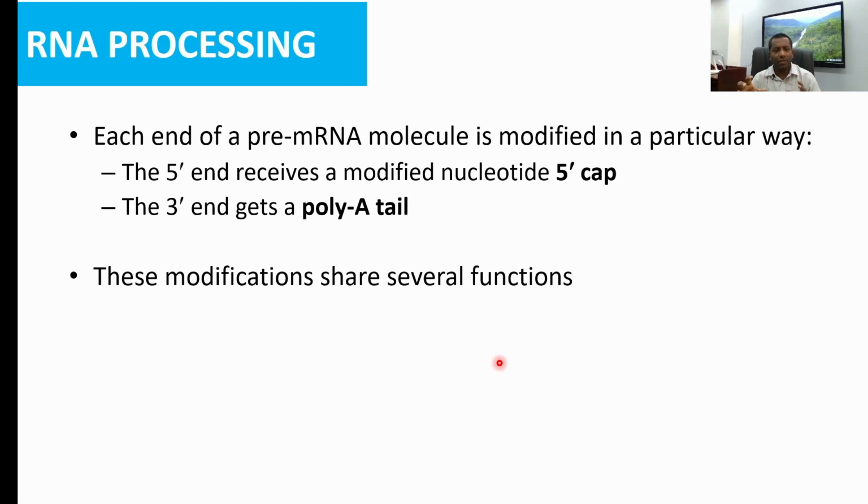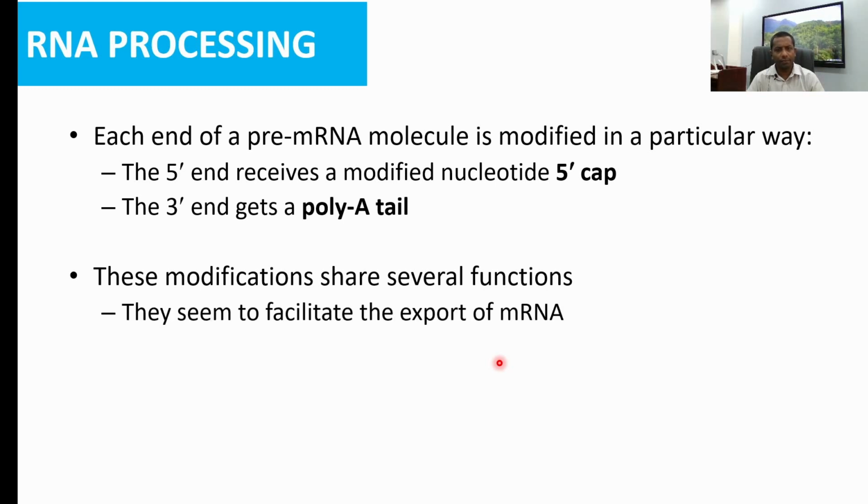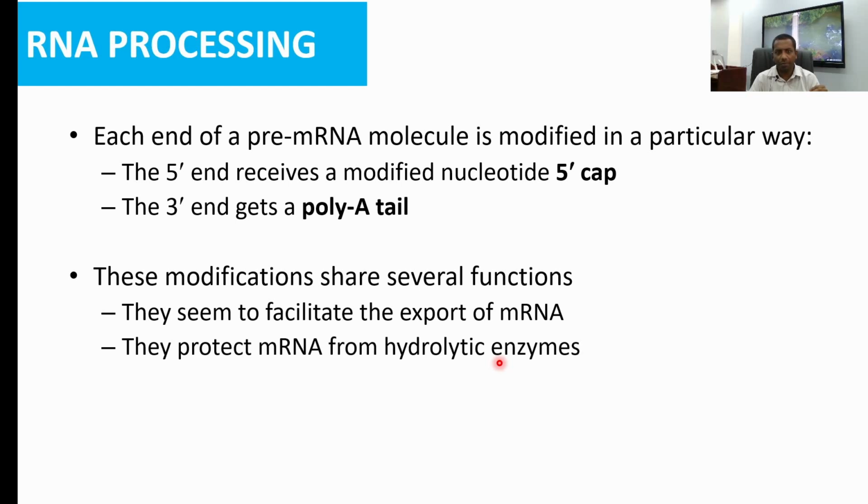So why do we need these changes, this capping and the splicing, especially the modifications to the ends? It seems like these modifications facilitate the export of mRNA molecules from the nucleus to the cytoplasm where translation is taking place.